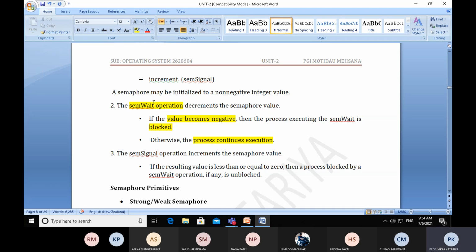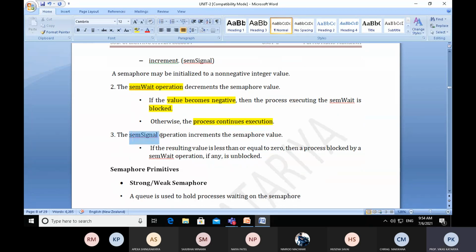You have to remember, the sem wait operation always decrements the value of the semaphore. After decrementing, if the value becomes negative, then the process that called sem wait becomes blocked and goes to the blocked state or waiting state. Otherwise, the process continues its execution.